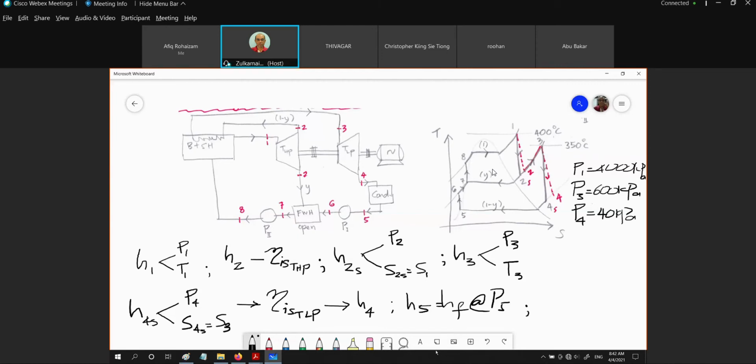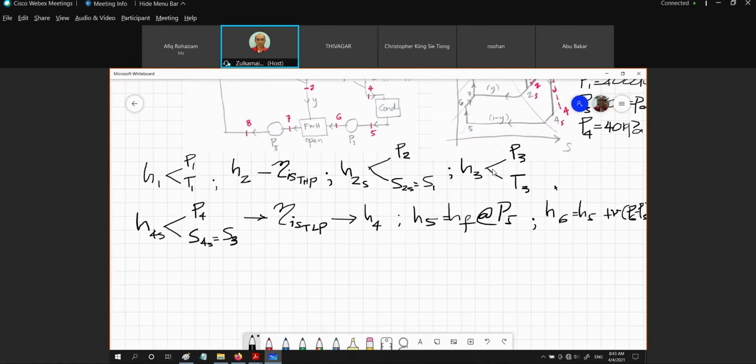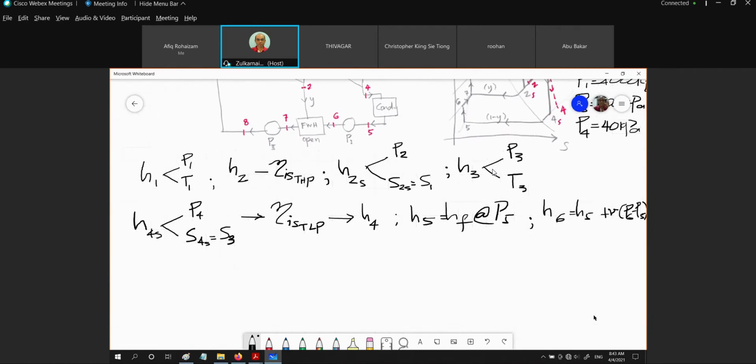And how to get H6? H6 is equal to H5 plus W, or I just put the formula right here, V times P6 minus P5. So we have done the 6. Now how to get H7?